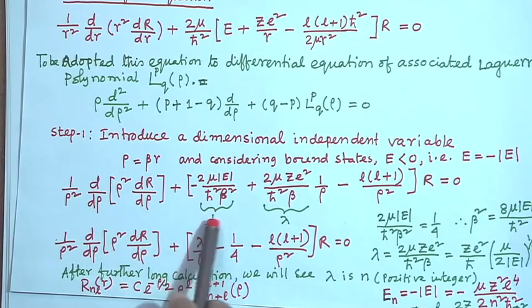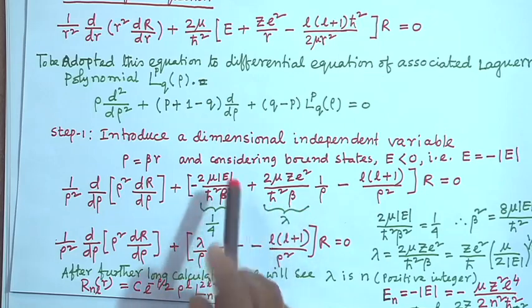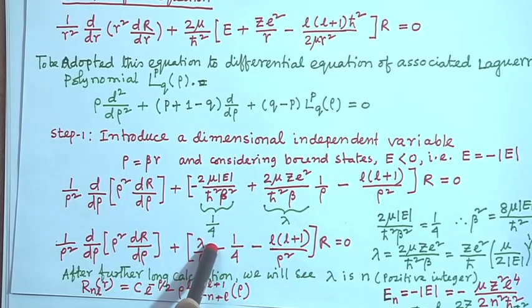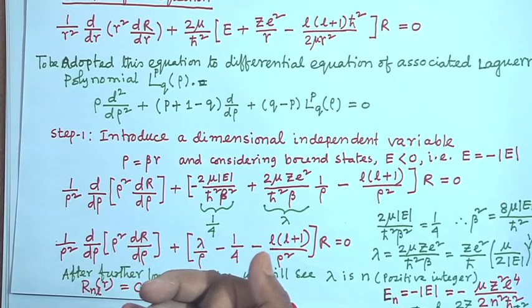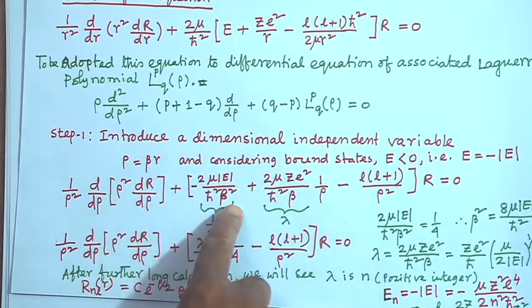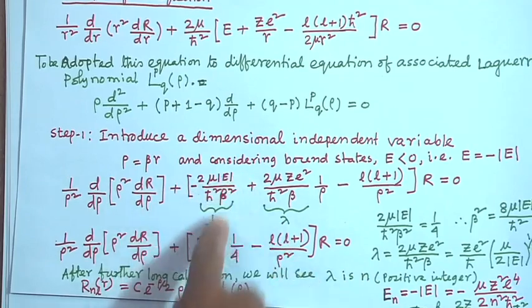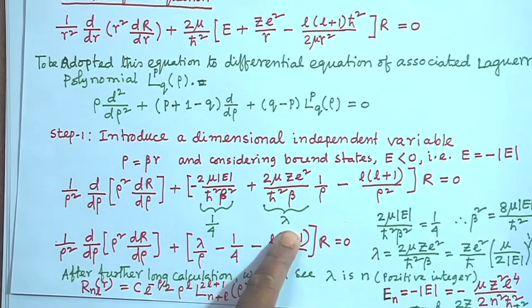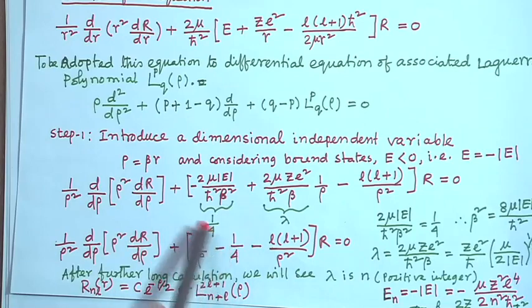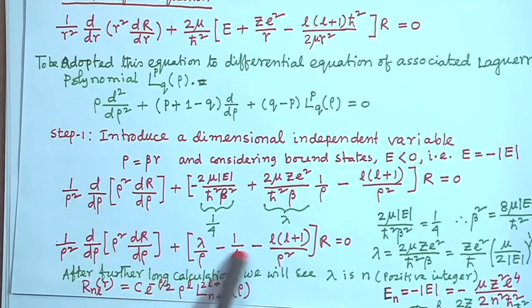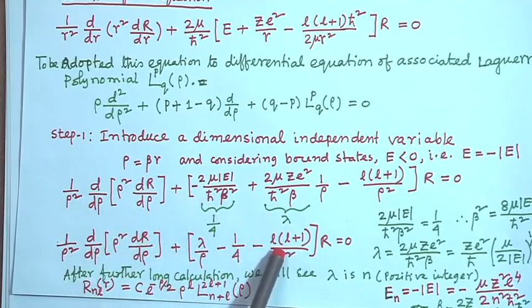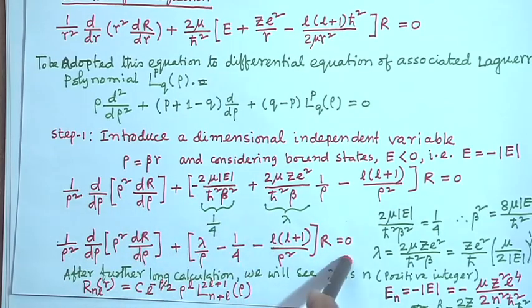So, we are taking this equal to 1 by 4, again for convenience. So, beta will be such that this value will be 1 by 4, and this other term we have taken as another constant, lambda. Then we can write this equation like so.